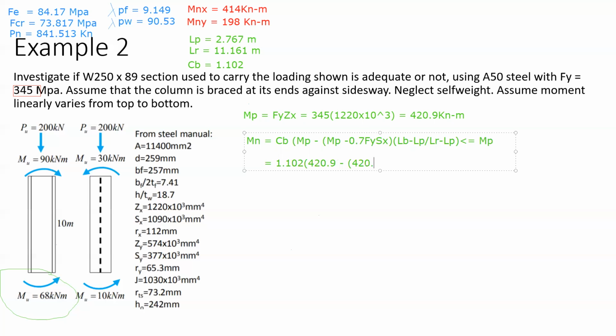Minus 420.9 minus 0.7 times Fy, that is 345. Sx dito is 1090 or 1.090 pag ginawa nating meter. Ayan. Times LB natin is 10. That is the length of the beam.